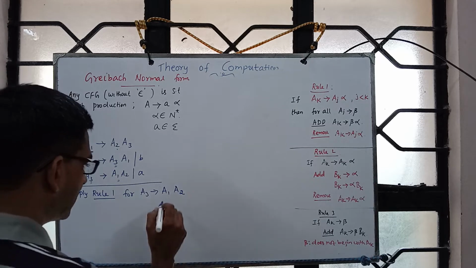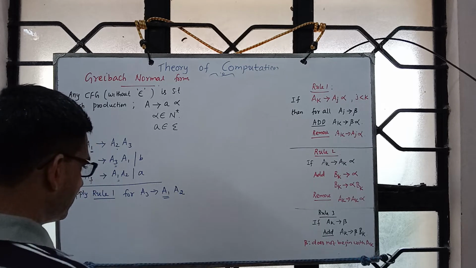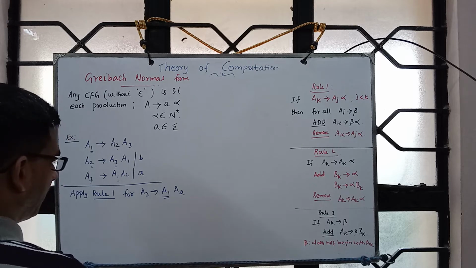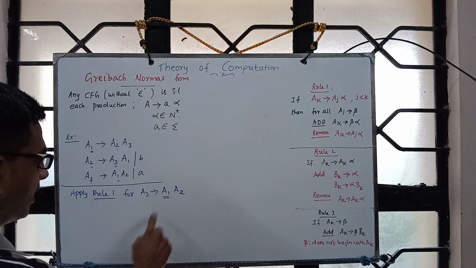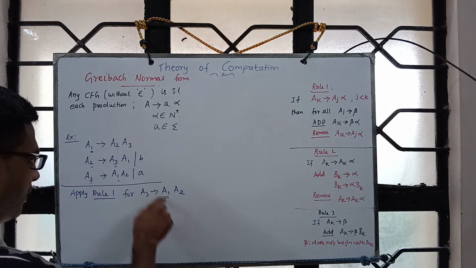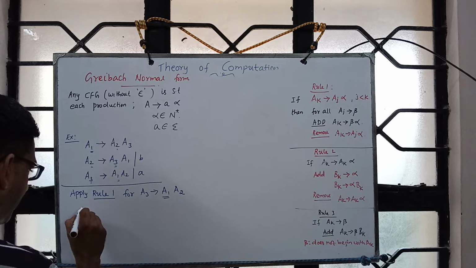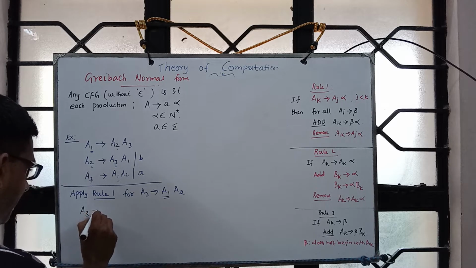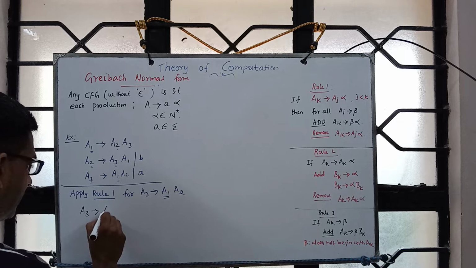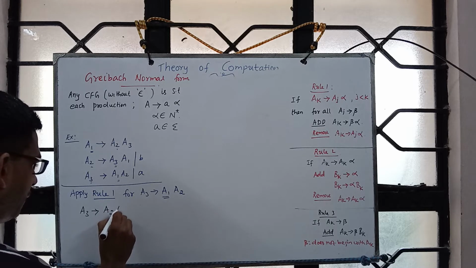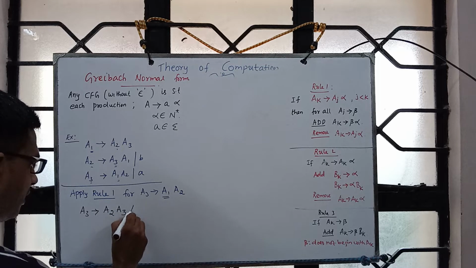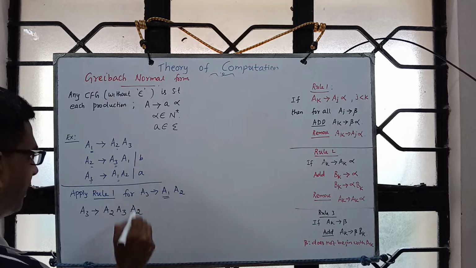So the rule says identify all productions that begin with A1, and in place of A1 you place that. So we get A3 implies, in place of A1 we write A2 A3 followed by A2.